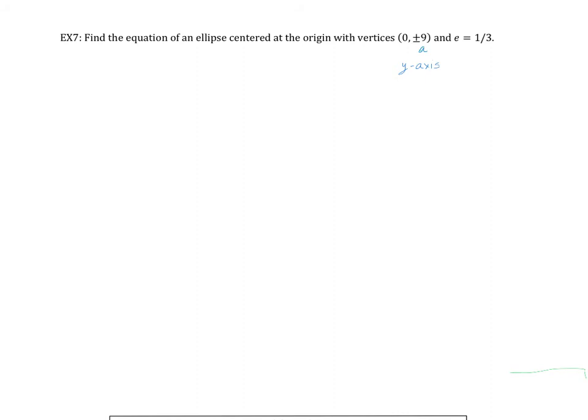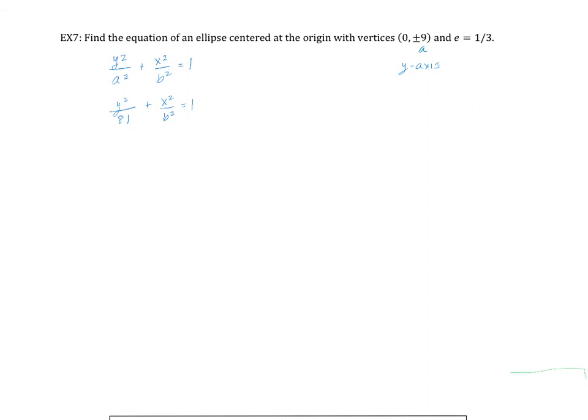And I know it's an ellipse, so I know my equation is going to be y squared over a squared, since the vertices are on the y-axis, plus x squared over b squared equal to 1. And I know that my a value is 9, so this is going to be y squared over 9 squared, or 81, plus x squared over b squared equal to 1.